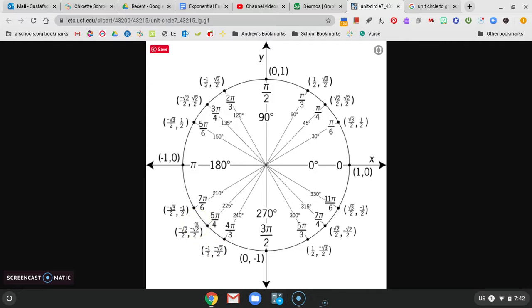Where is, I've lost it. My mind just kind of went, and I cannot find where sine is 1/2 again for some reason. Oh, that's because there isn't one. Sorry.